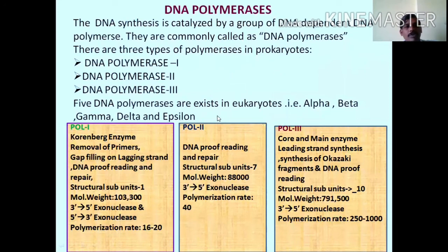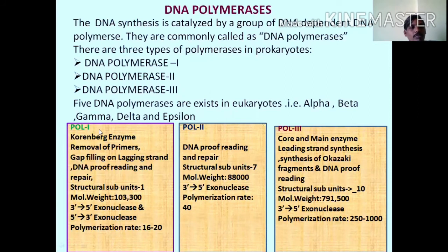In eukaryotes, five types of DNA polymerase enzymes are there: alpha, beta, gamma, delta, and epsilon. In eukaryotes, the DNA replication process is more complex and time-taking when compared to prokaryotes.